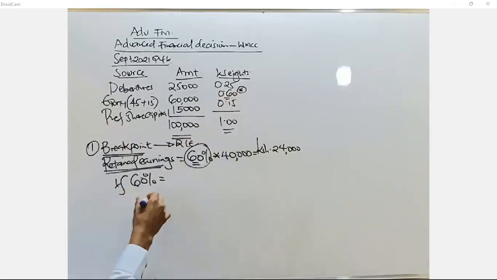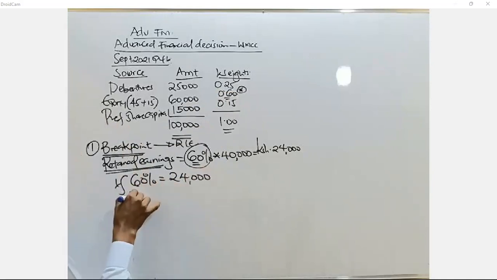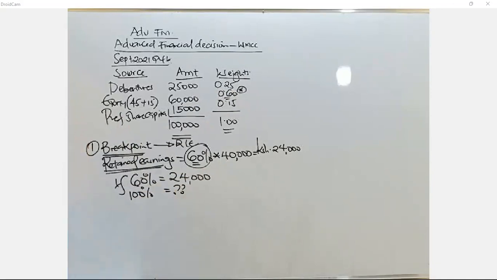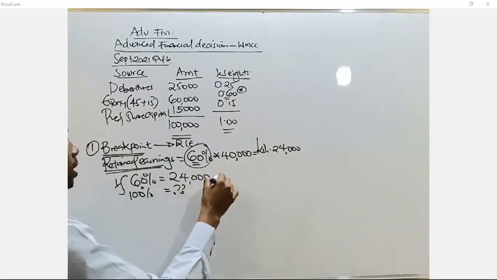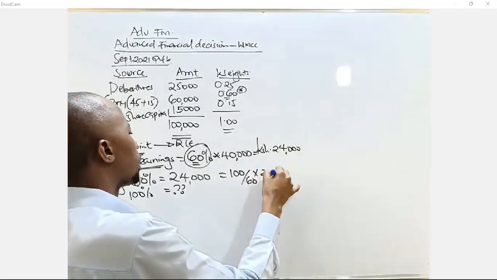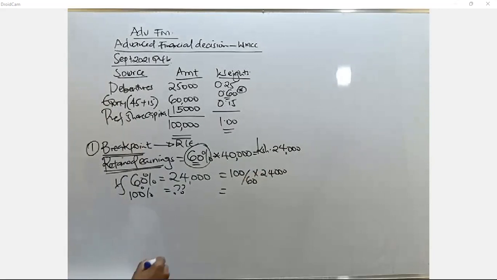If 60% is equivalent to 24,000, you ask yourself, what about 100%? If there is no money you are going to be giving out, how much will be the breakpoint for the retained earnings? It means you're going to be taking 100 over 60 times 24,000, which will take you back to your net income of 40,000.